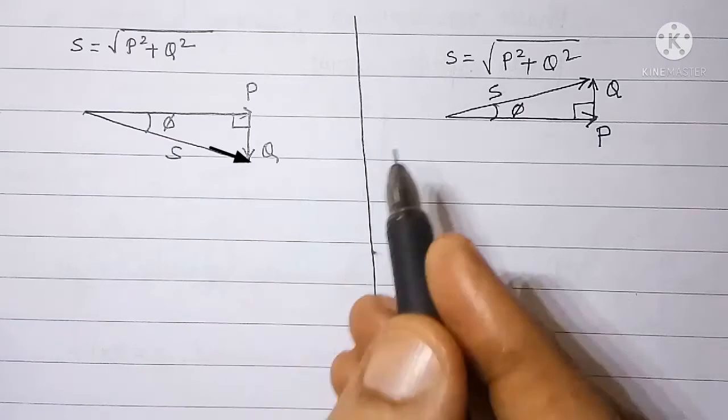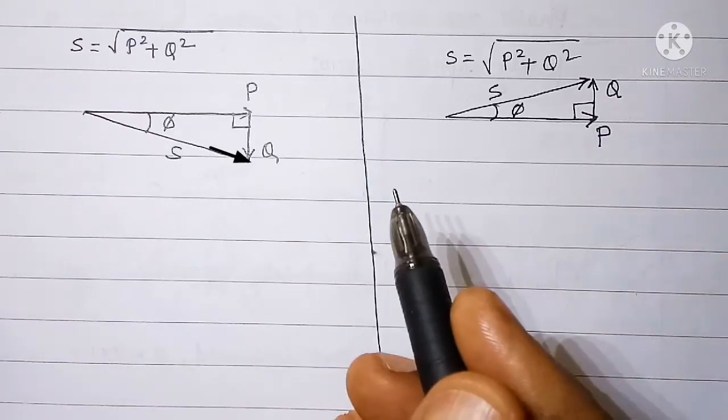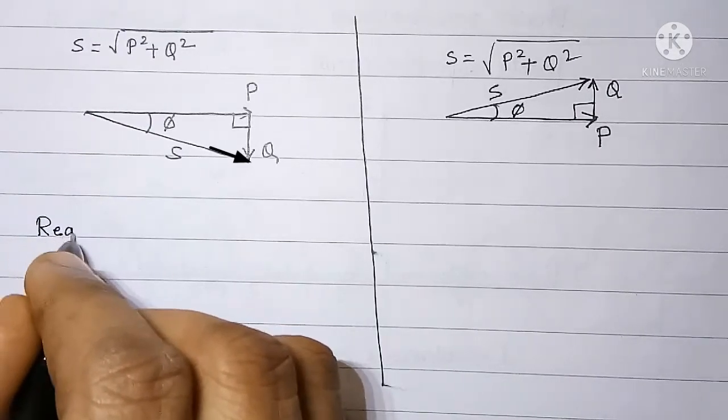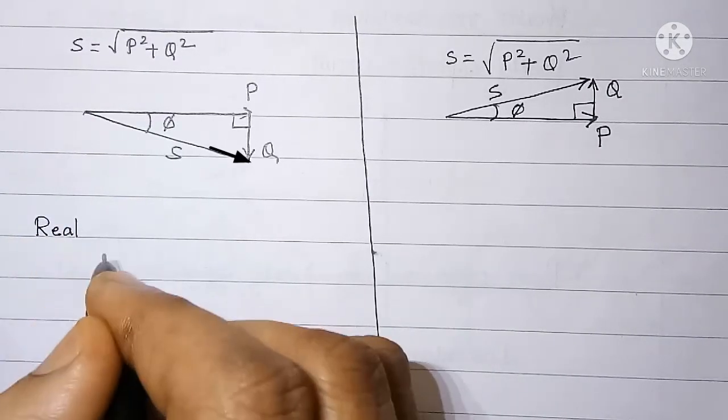Now we will define what is real power or true power or active power. It is for all circuits.